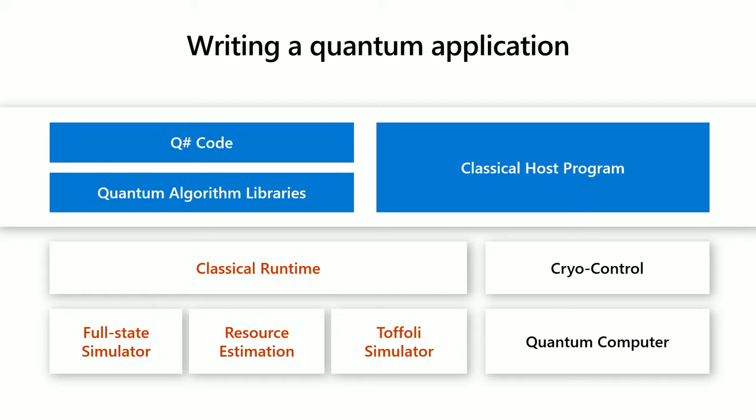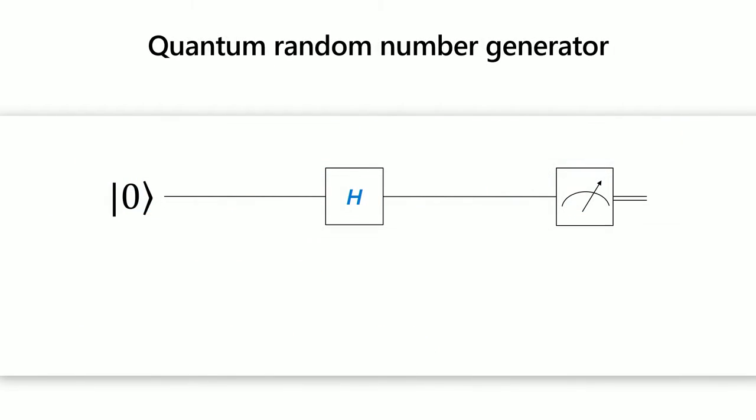But I want to show you what this QDK is like in practice, just by doing a very simple algorithm, and this is a quantum number generator. Remember I told you about that Hadamard gate. You can see that there's an H. We're taking a qubit that's in state 0, so 100% probability that it's 0, like a classical bit at that point. We're going to pass it through a Hadamard gate.